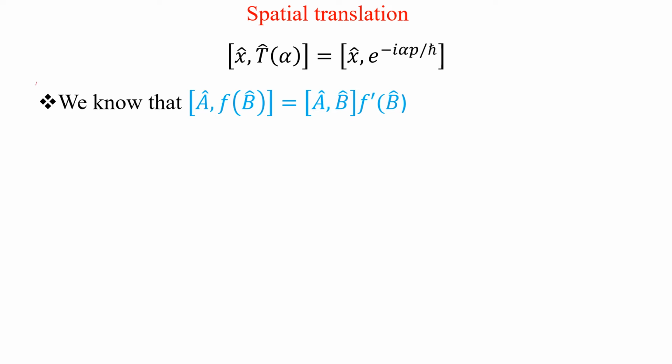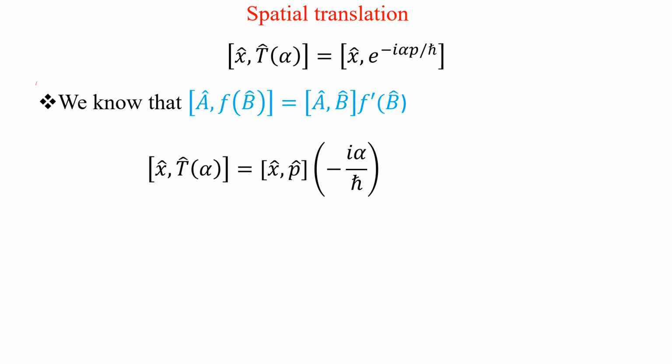So you apply this rule here in the above commutation relation. Then you will get the commutation of x with T of alpha, which is equal to the commutation of x with p, multiplied by the derivative of this exponential term, which is equal to minus i alpha over h cross e power minus i alpha p over h cross.